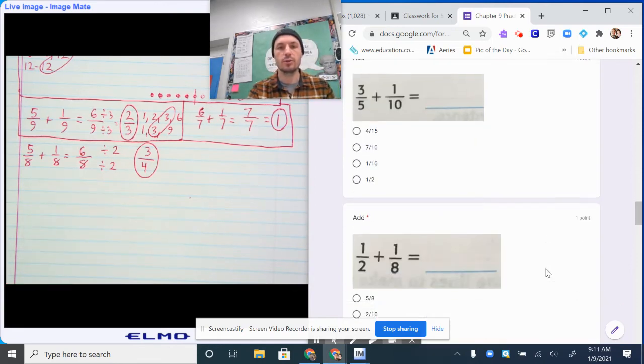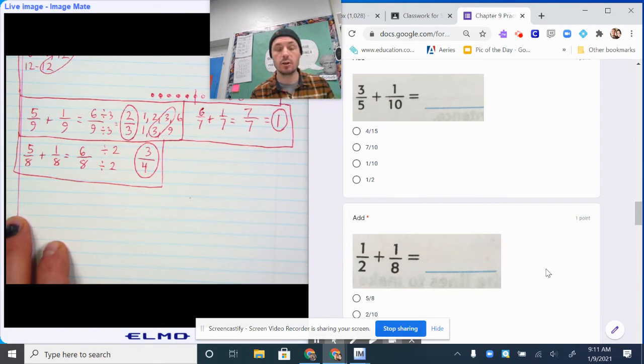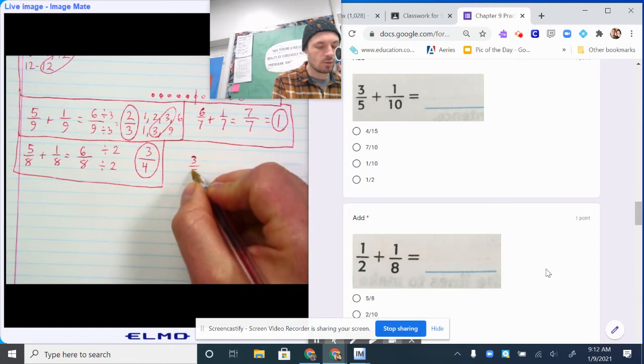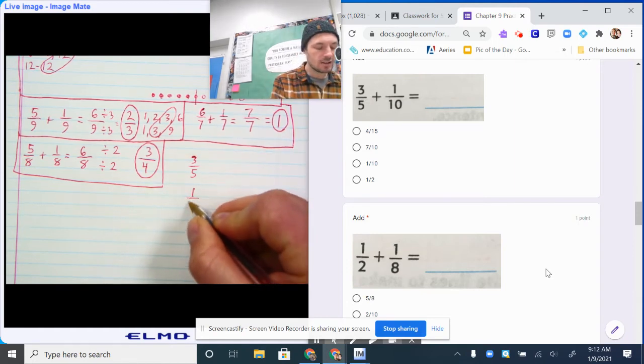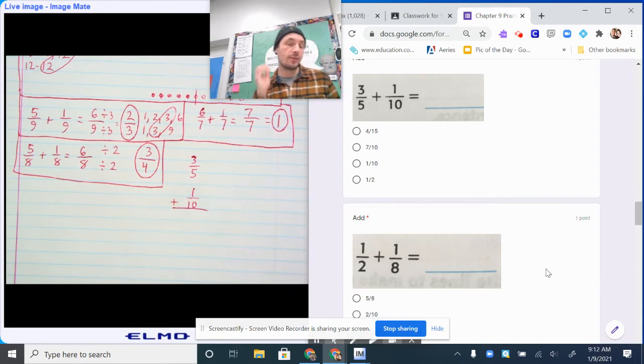Okay, next one. 3/5 plus 1/10. Now this one's a little harder. They don't have common denominators. So instead of writing it long ways, I'm going to stack it. Why would I want to stack it this time? Because I'm going to have to find the least common denominator. I'm going to have to make these fractions like fractions before I can add this together.